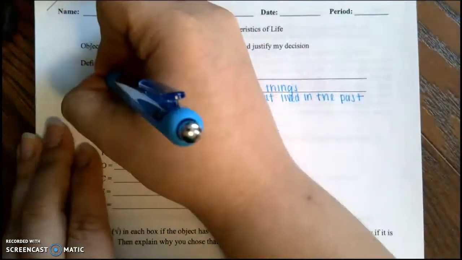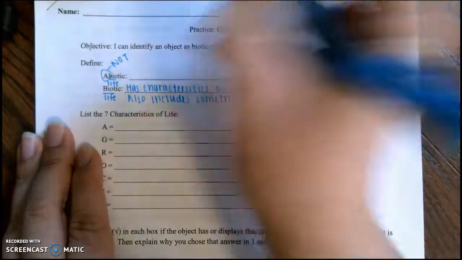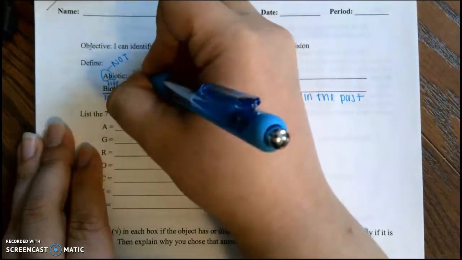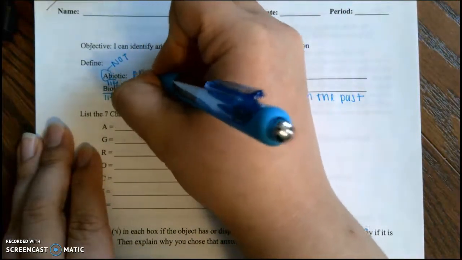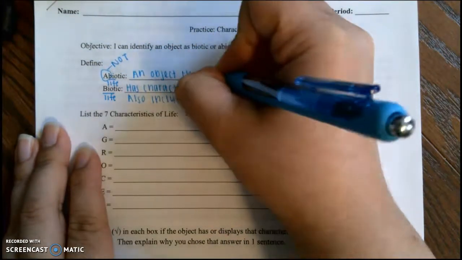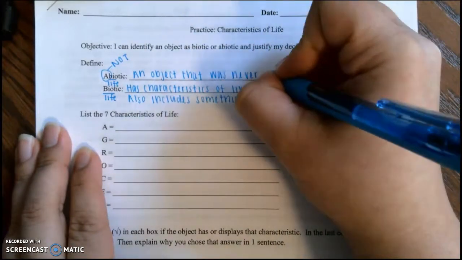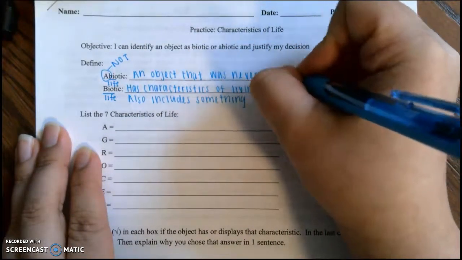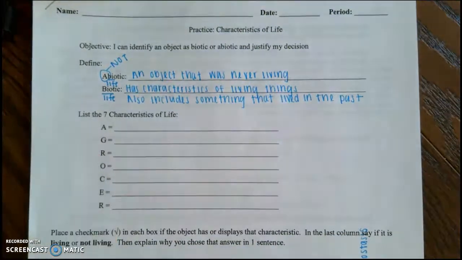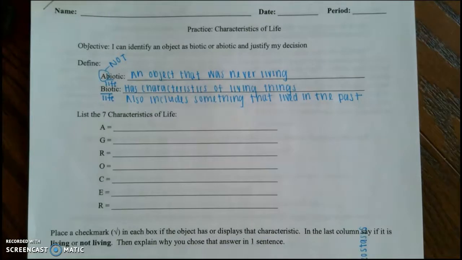And then A means not in Latin. So something that is abiotic would be an object that was never living. Go ahead and take a second to make sure that you have the same that I have.